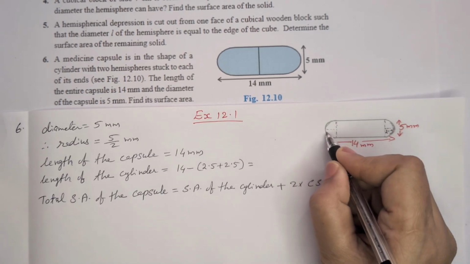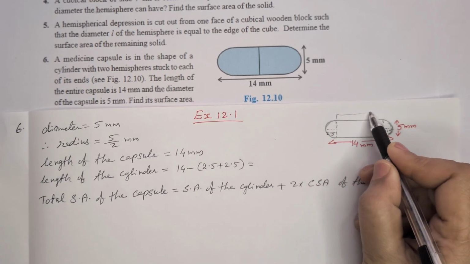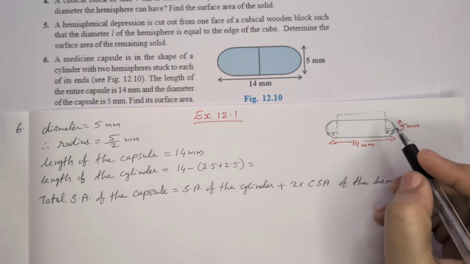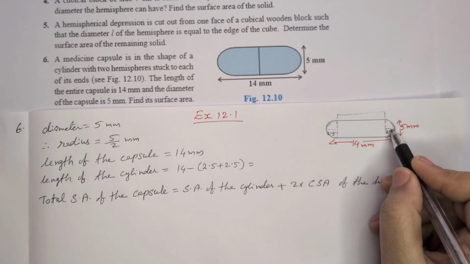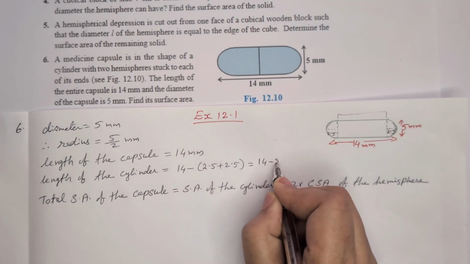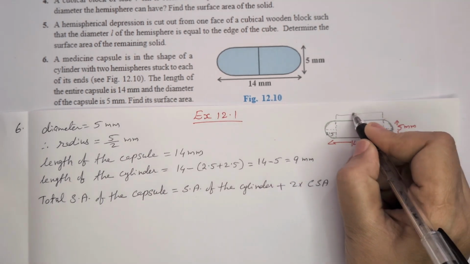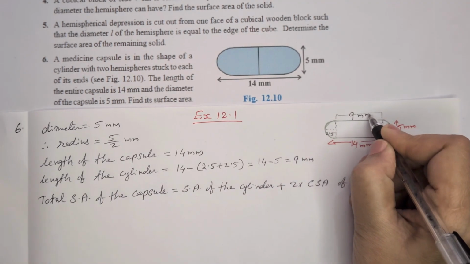This side also 2.5. Then the length of the cylindrical part from here till here is 14 minus 2.5 plus 2.5, that is 14 minus 5, which is equal to 9 millimeter. So we can write the cylindrical part as 9 millimeter.